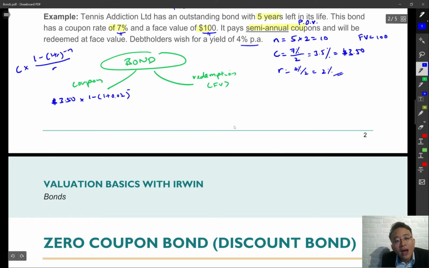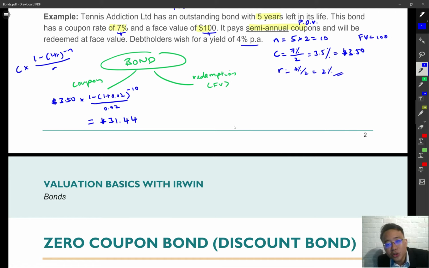What is your N? You put a minus there. What is your N? 10, not 5. So things have changed from prior. So here, let's work it out. 1 minus 1.02 to the power minus 10. And you multiply by 3.50. Here, 31.44.